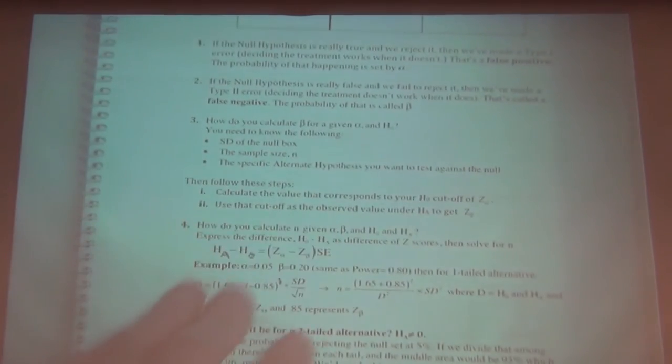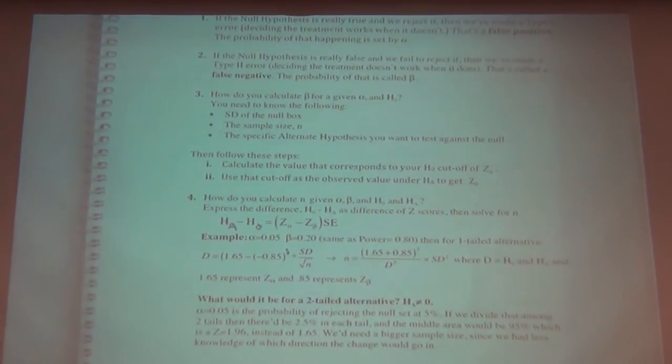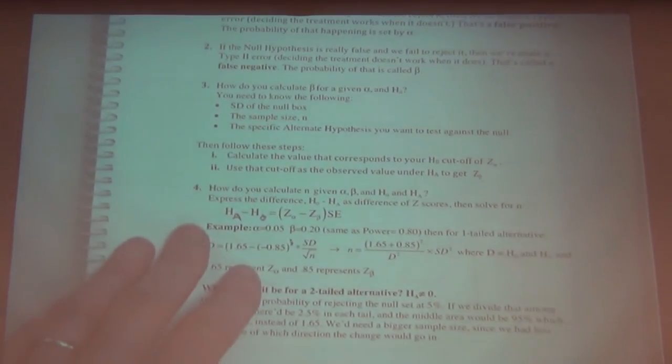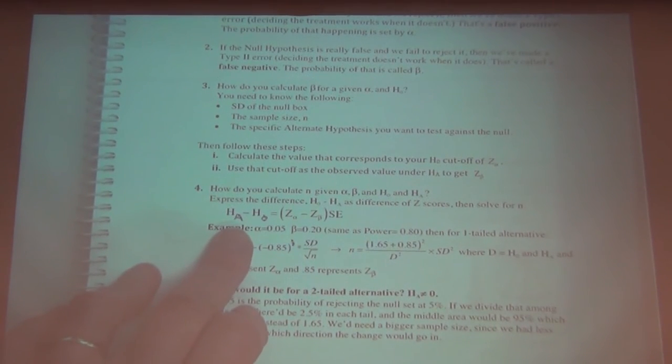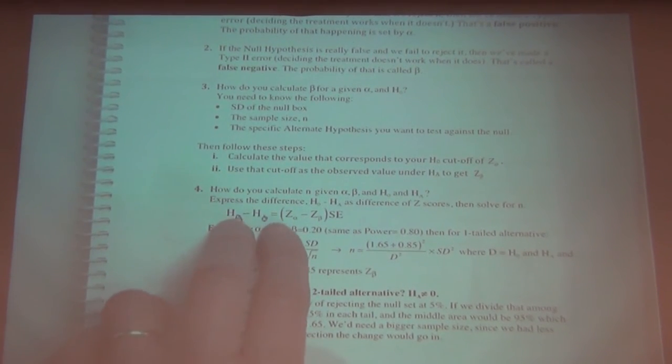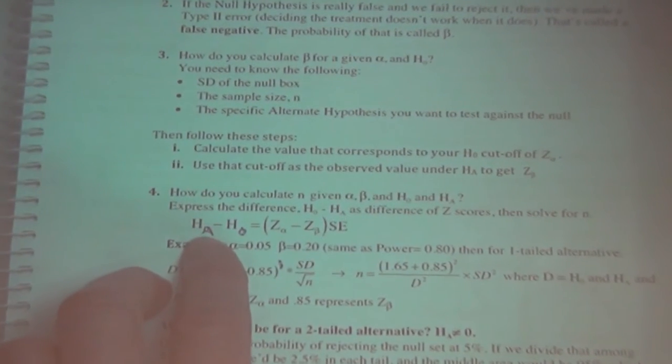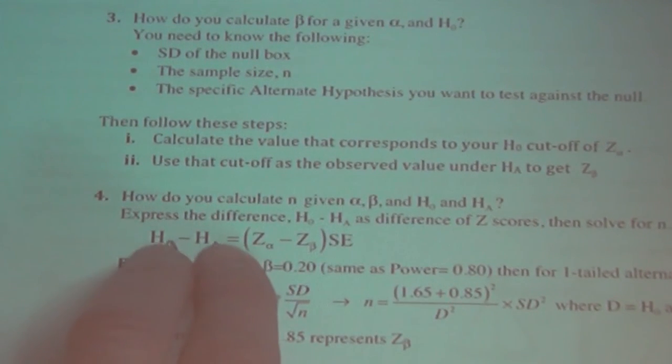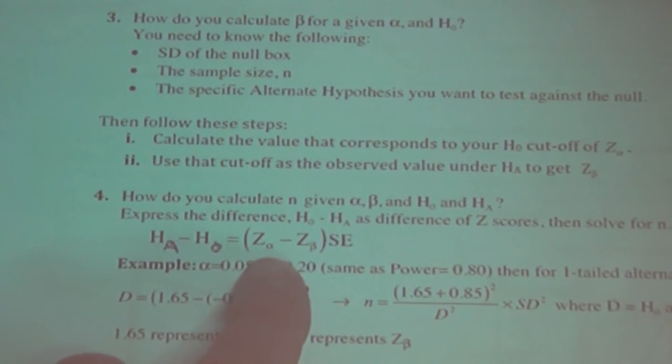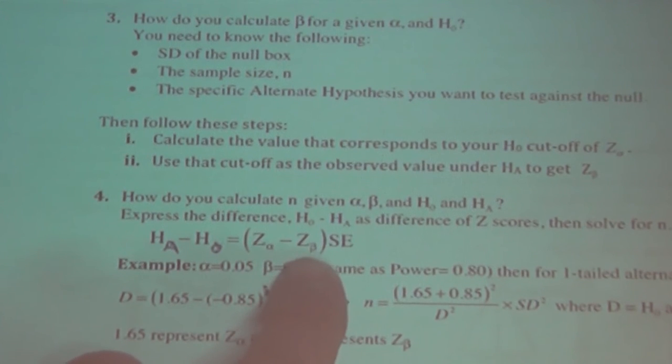And let's see. One typo here I think we should correct. I made a typo here. This difference, the alternative is bigger than it, so this distance is positive. And here I say z alpha minus z beta.